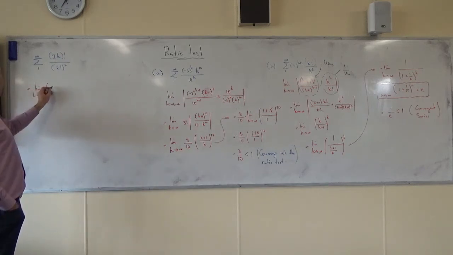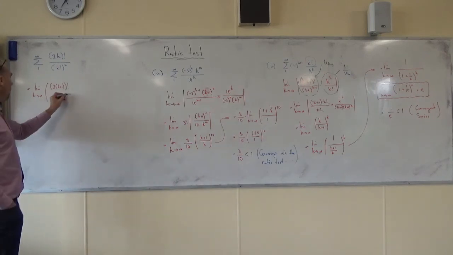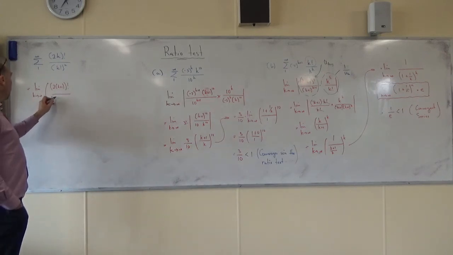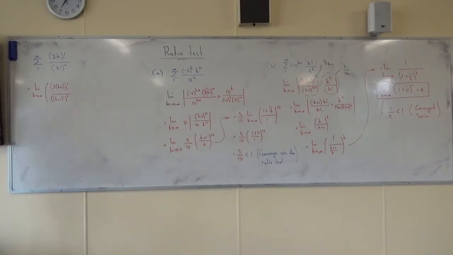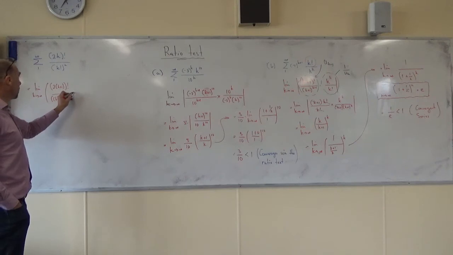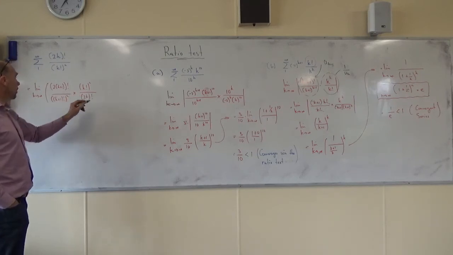But I've got here (2 to the power of k plus 1) factorial, divided by (k plus 1) factorial squared, multiplied by k factorial squared divided by 2k factorial.